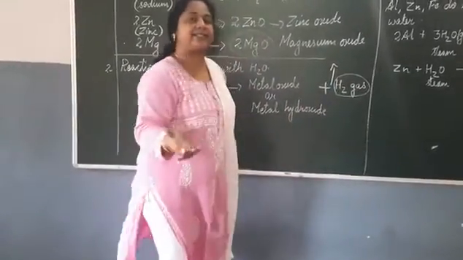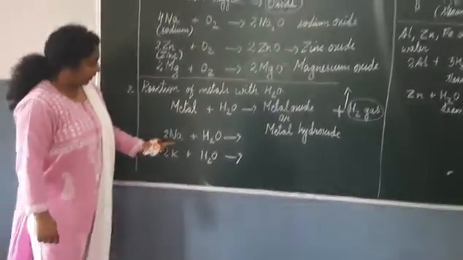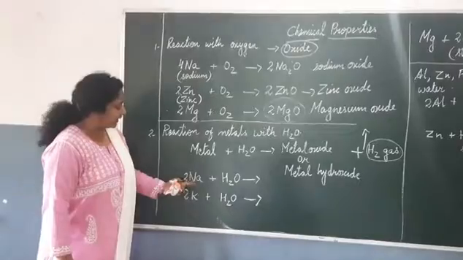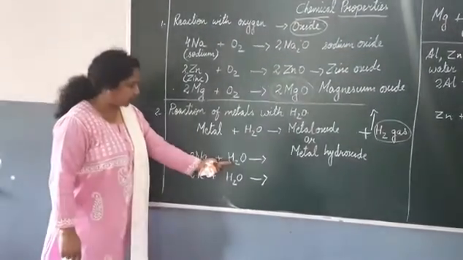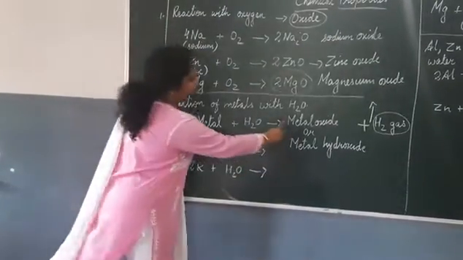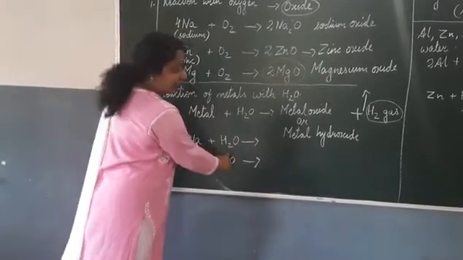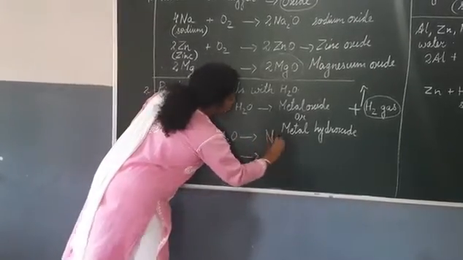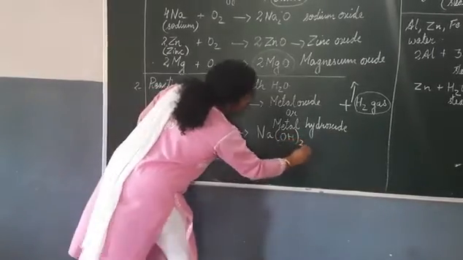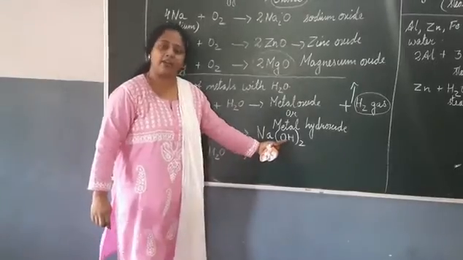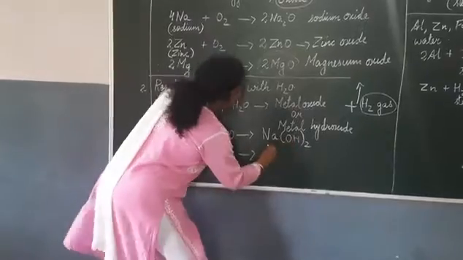That means hydrogen gas is liberated. We will see a few examples, like Na. I told you it is sodium. When sodium reacts with water, it forms sodium hydroxide. Children, whenever there is an OH group, OH means hydroxide group. Clear? So this is sodium hydroxide.